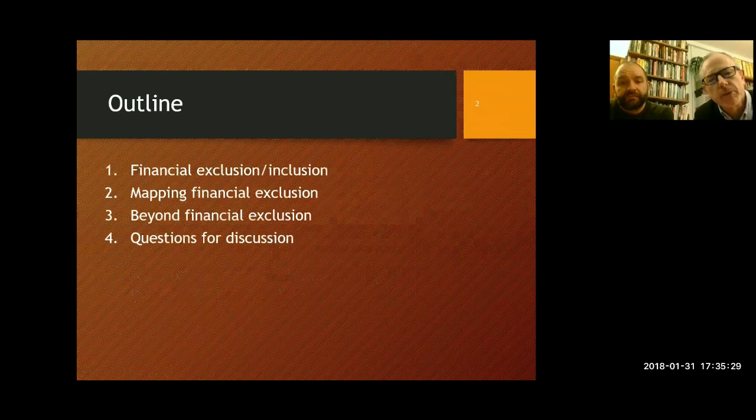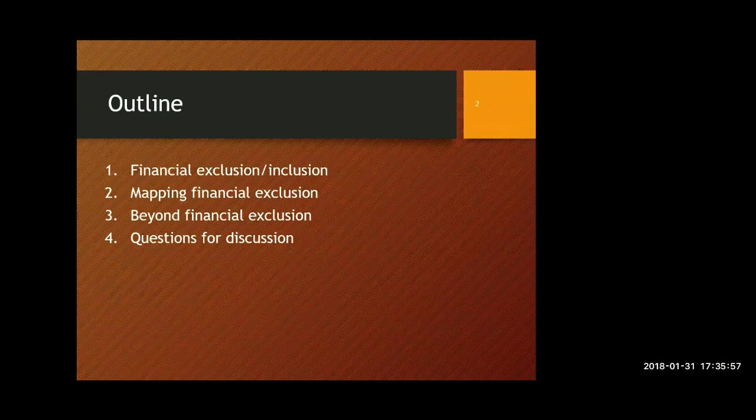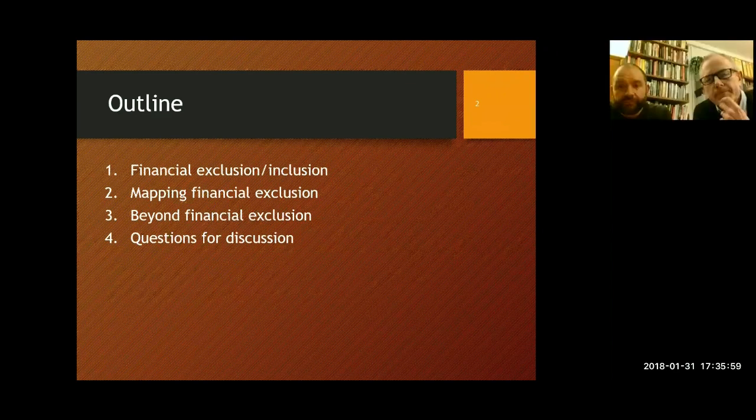I'll do the first two, and then Shaun will do three and four, and three is quite substantial. So I'll talk briefly about financial exclusion and inclusion as an issue, and the way in which I originally got into this, about the idea of trying to map financial exclusion. And then Shaun will look at some of the pushback against this idea in different ways, and the way in which this issue has been evolving.